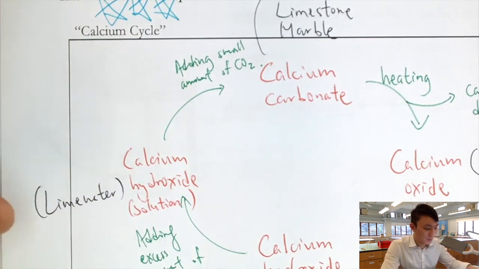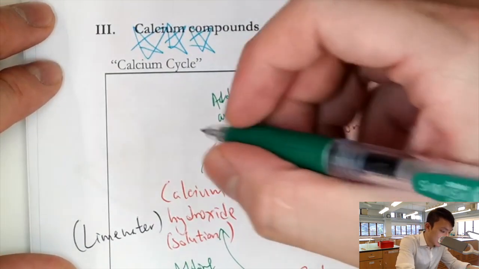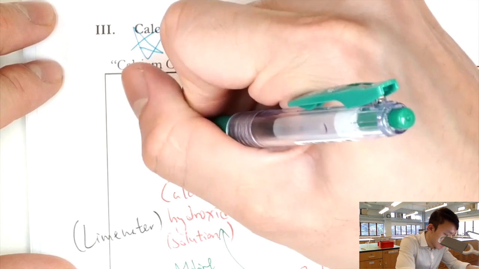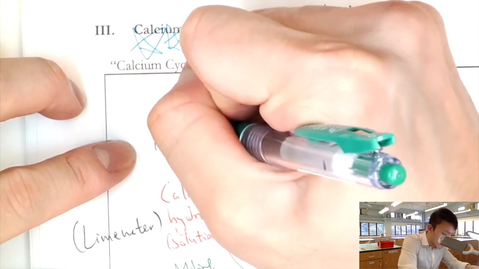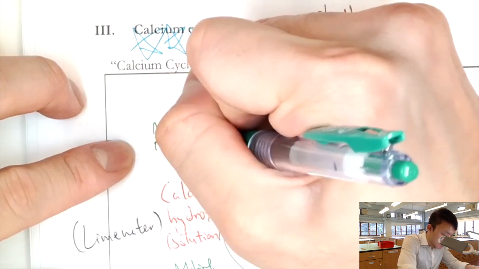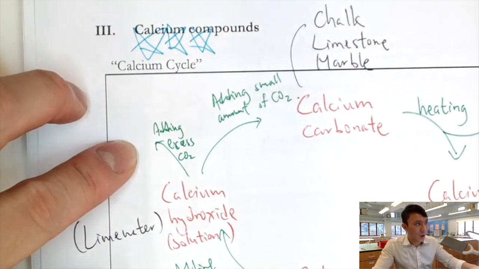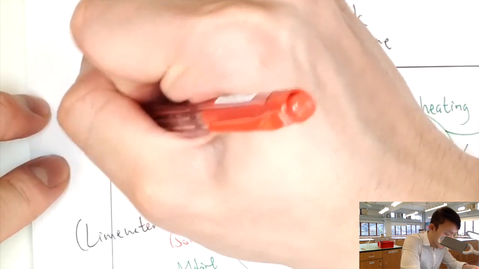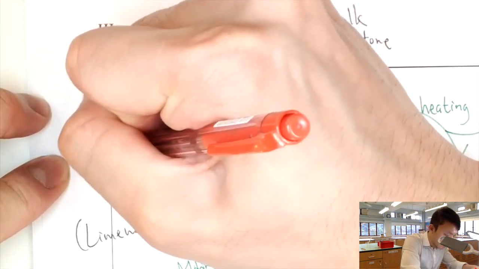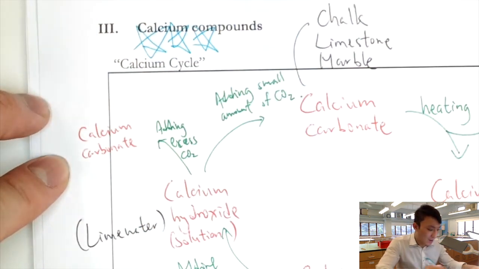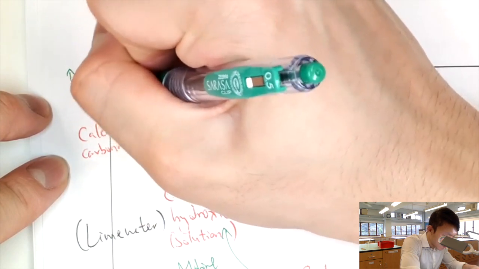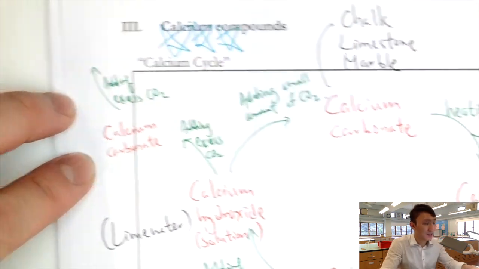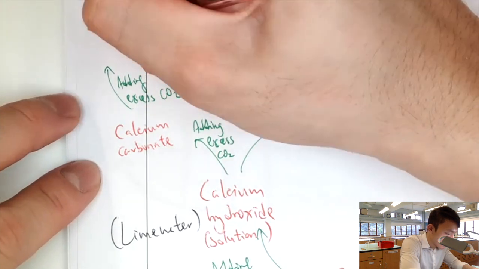If you add a lot of CO2, adding excess CO2, then it would first become the calcium carbonate. But as you add more, like I said, it's more of a side story, then it will become what?